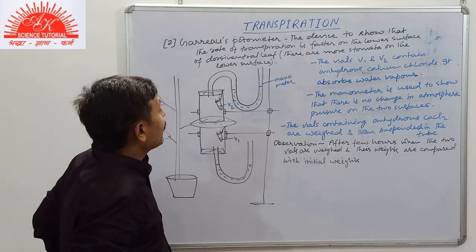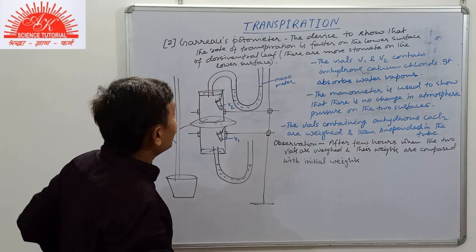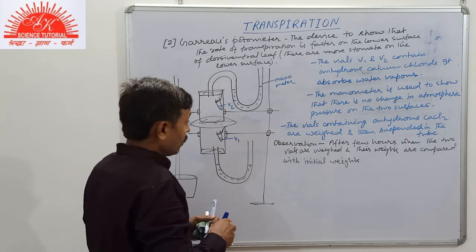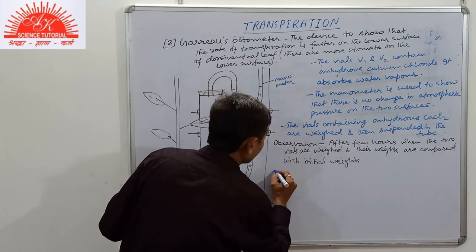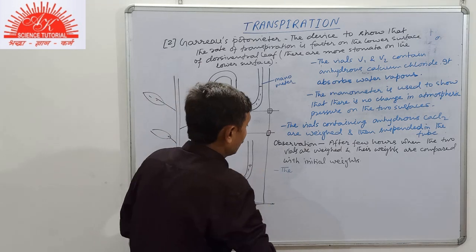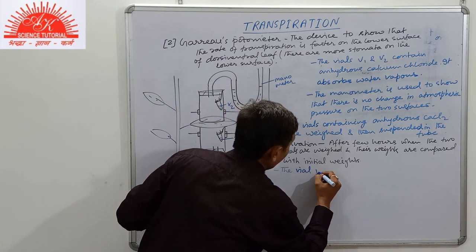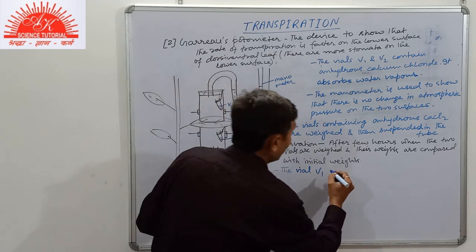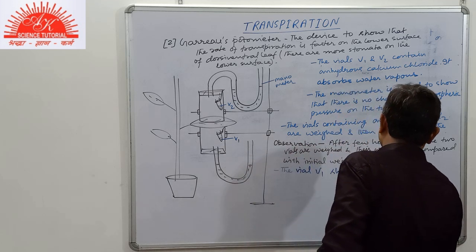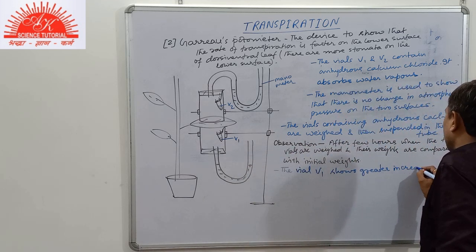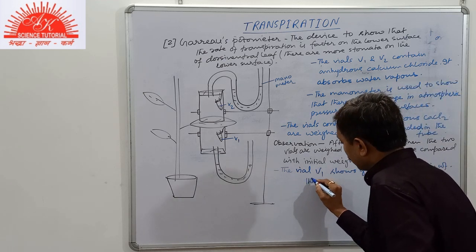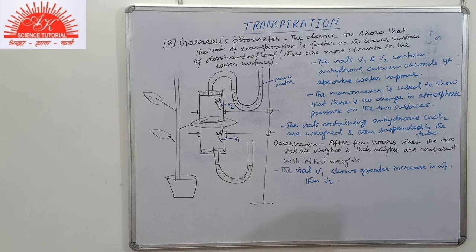We observe that there is a difference in the increase in weight of the two vials. So we write here that the vial V1, which is on the lower surface, shows a greater increase in weight than V2. This is the observation.